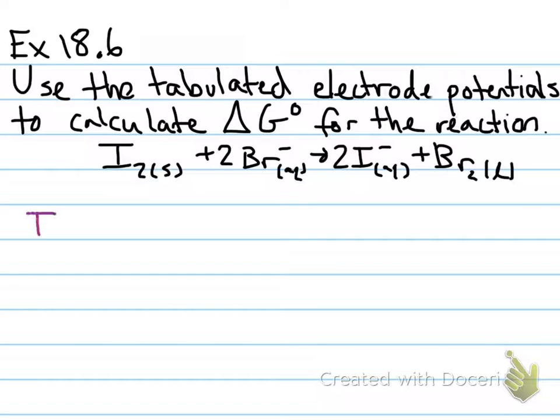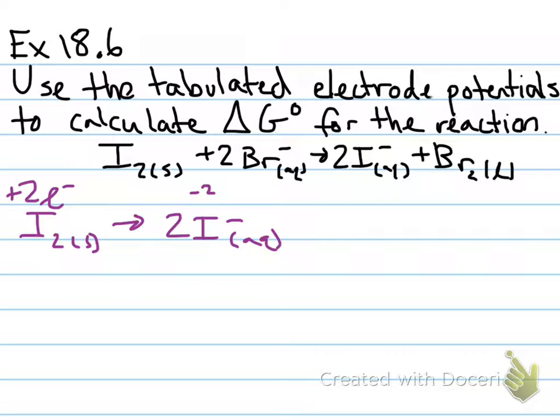Our first half reaction will be I2 becomes 2I- aqueous, and when we balance this, we know that we have a -2 charge on the product side, so we're going to have to add 2 electrons to the reactant side. And then for our other reaction, we have Br- goes to Br2, so we need to balance our bromines and then balance our charge.